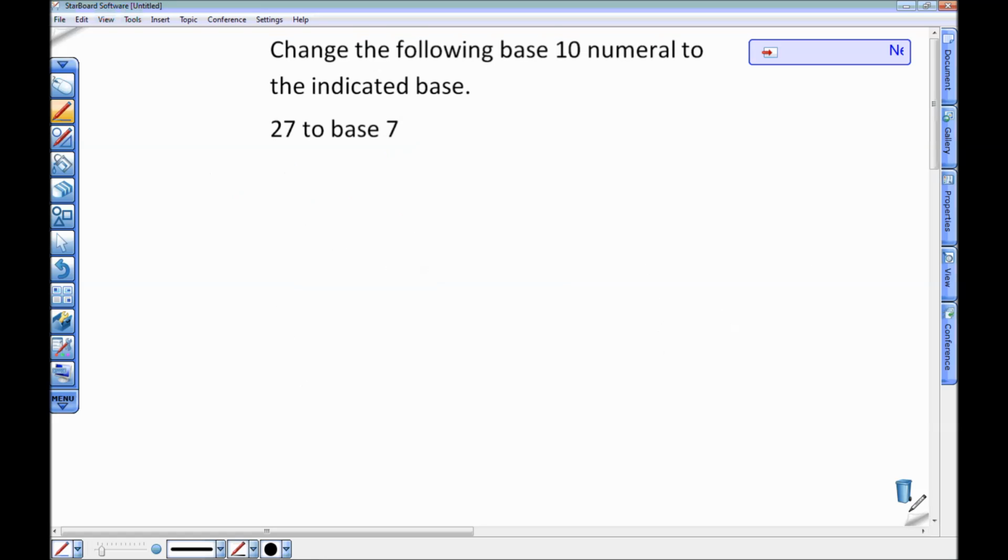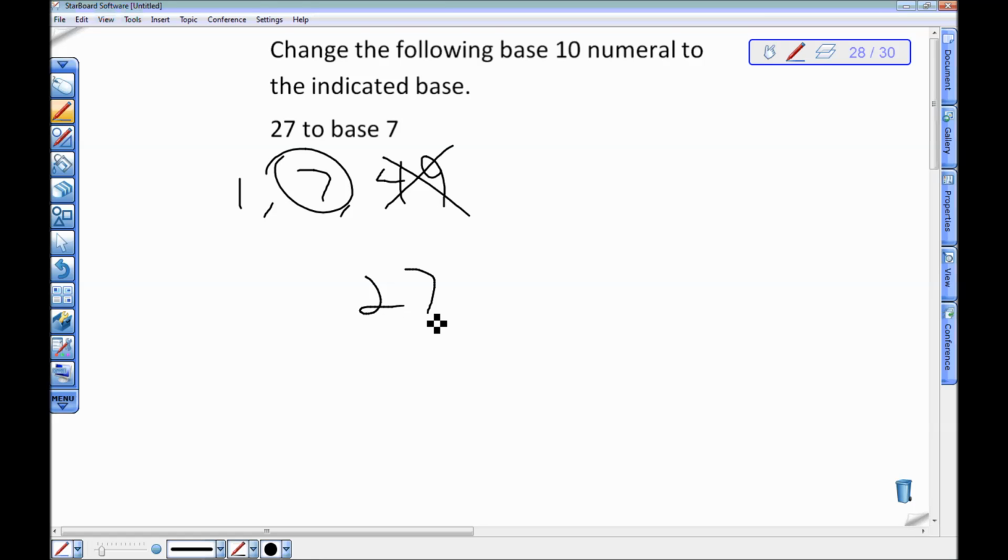Let's do one that's just a little bigger. I want to change the number 27 to base 7. I'm going to list out the places of base 7: 1, 7, 49. 49 is too big, so I'm going to start with 7. I take 27 divided by 7, and that goes in there 3 whole times. 3 times 7 is 21.